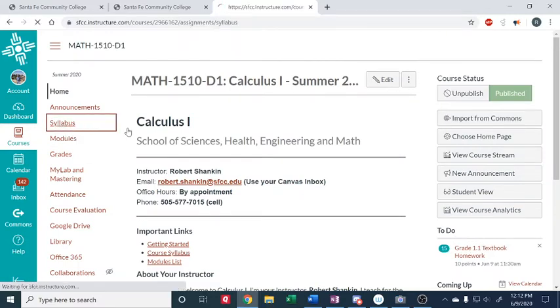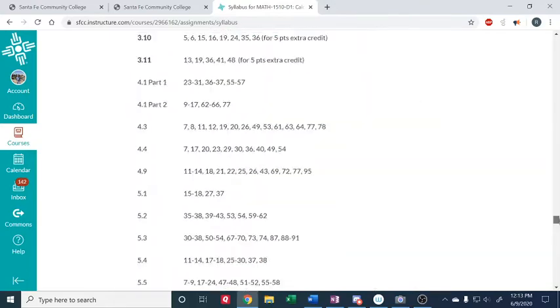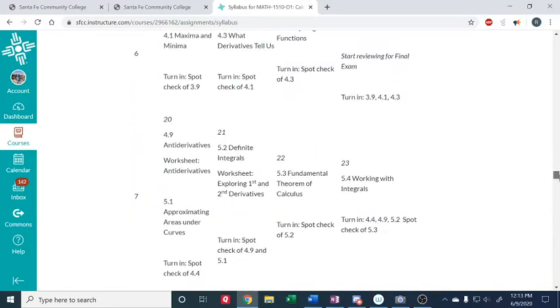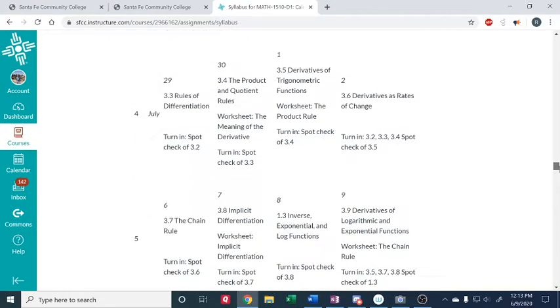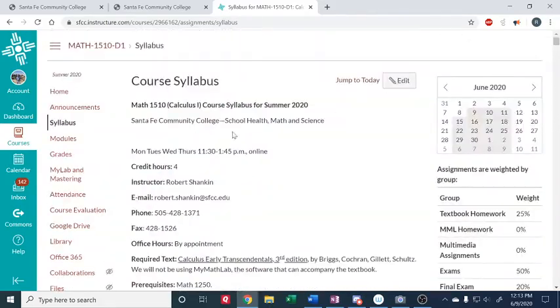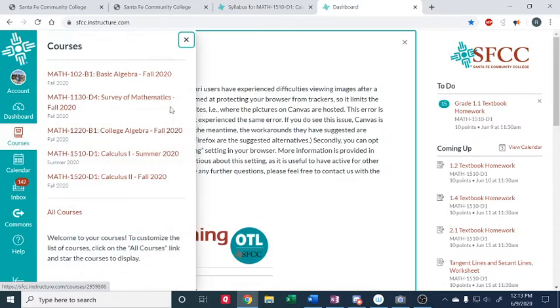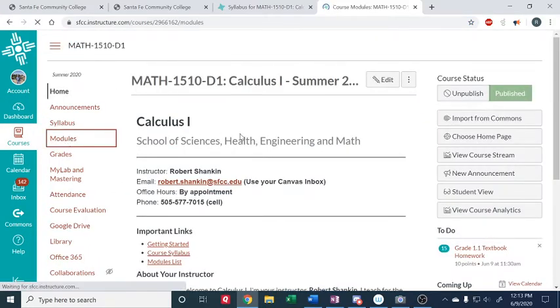At the bottom of the syllabus, if we go all the way down there, we also see the schedule, but it's not so good because it doesn't have all the grid lines. So you can also see the schedule in the modules.